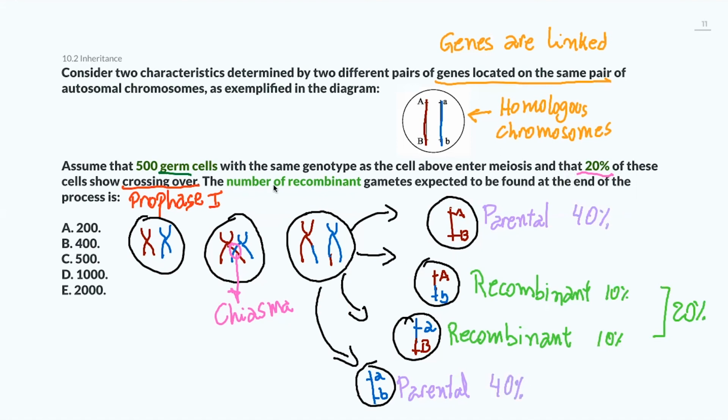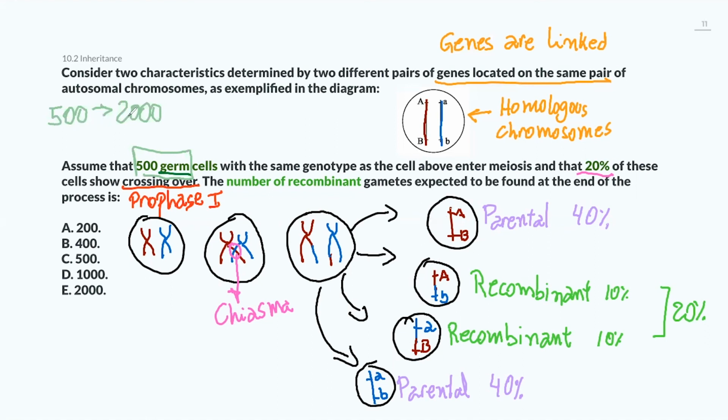Now back to the question. How many recombinant gametes are we expecting at the end of meiosis? Well, I had 500 germ cells. They are going to form 2,000 gametes. How do I know that? Because each germ cell gives origin to 4 daughter cells, to 4 gametes.